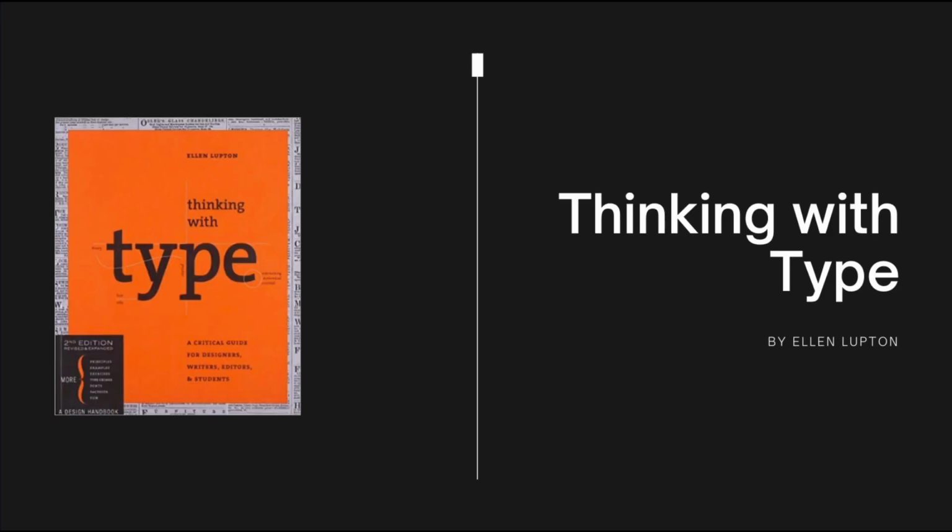Now, let's talk about typography, since this is going to be a very important topic if you're going to branch out into the design world. And one of the best recommendations when it comes to learning typography and type in general is this book, which is Thinking with Type by Ellen Lupton.